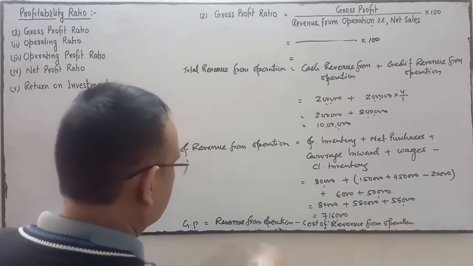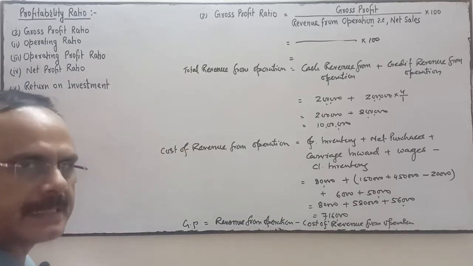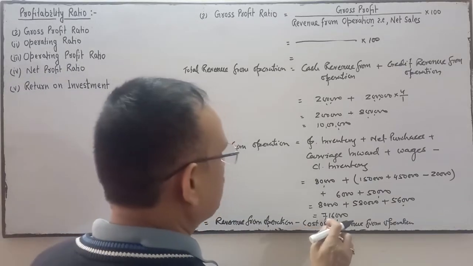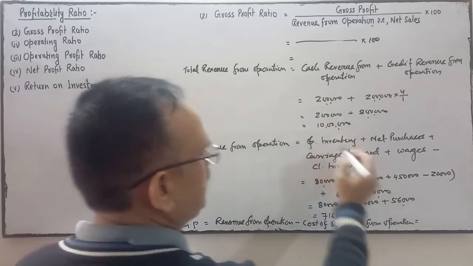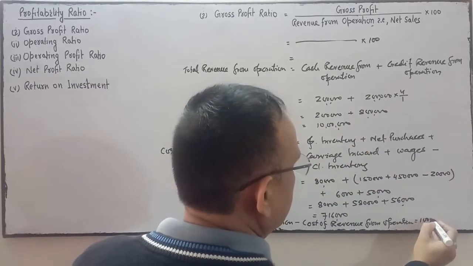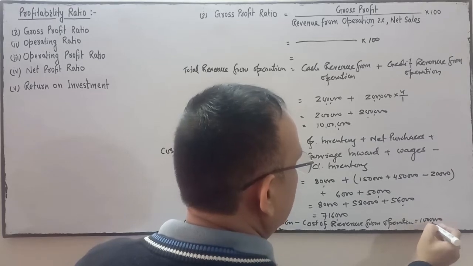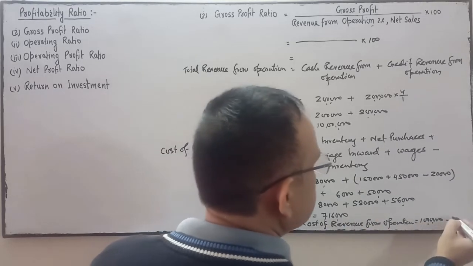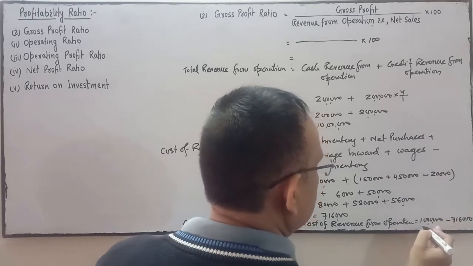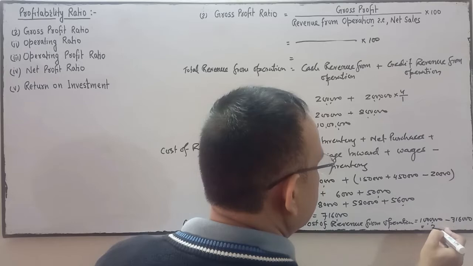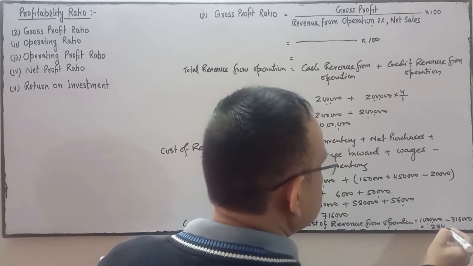Revenue from operation, that is the net revenue, net sales, minus cost of revenue from operation. So revenue from operation is 10 lakhs and cost of revenue from operation is 7,16,000. So GP is 2,84,000.